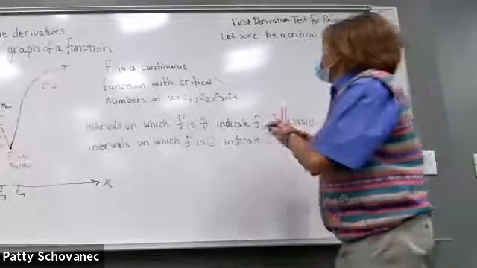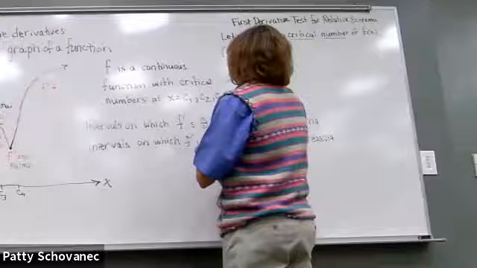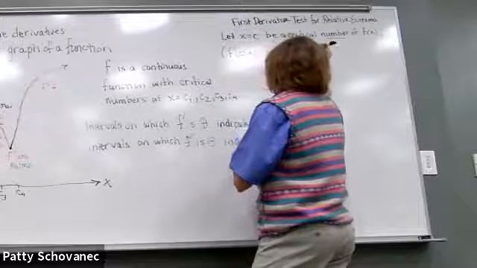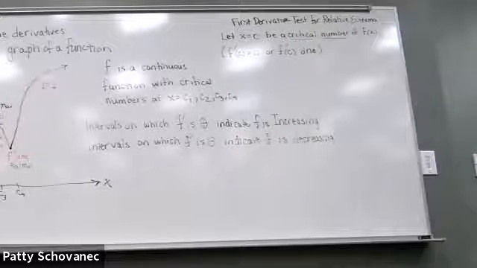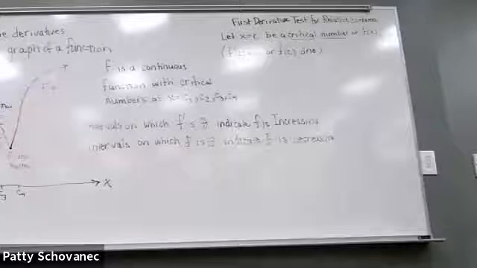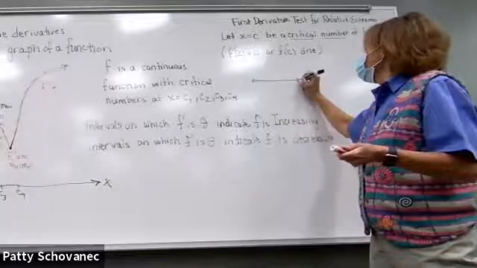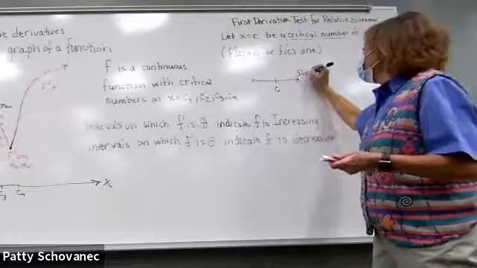In other words, f prime at c is equal to 0, or f prime at c does not exist. We're going to look at the sign of the derivative in intervals around the critical number. So I'm going to find my critical numbers, put them on a number line, and look at the sign of f prime.